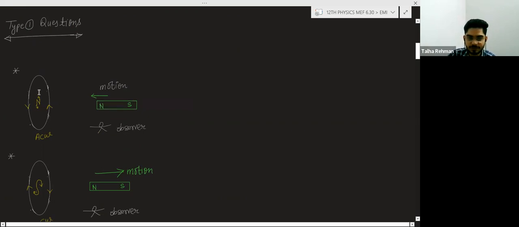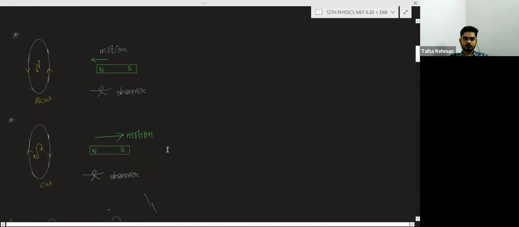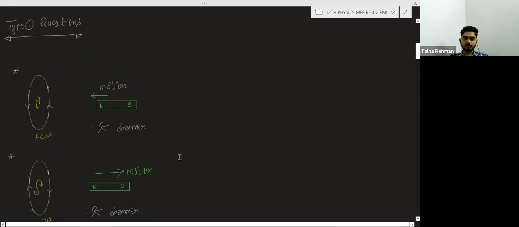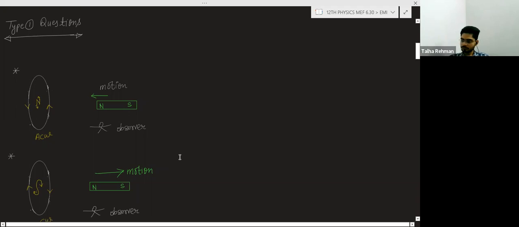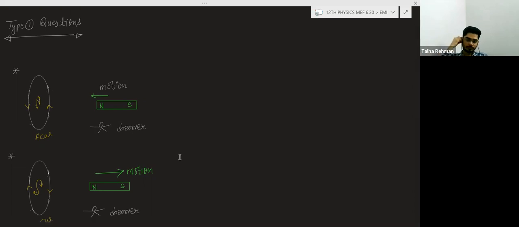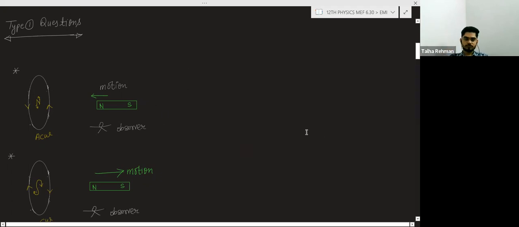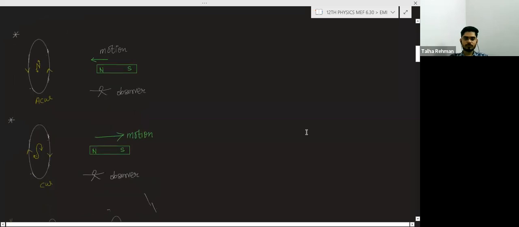So accordingly, you will decide which pole it is, and what the direction of the current in the coil is.